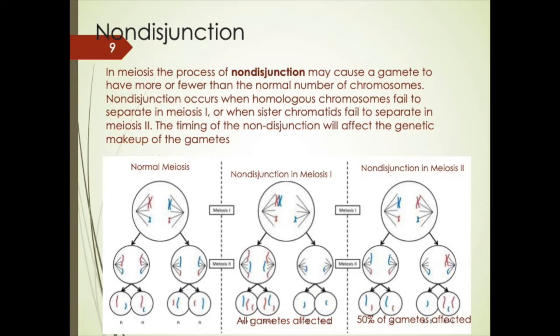So during normal meiosis, the cells split apart into normal haploid gametes. So if non-disjunction happens in meiosis 1, more DNA will be pulled to one side during the first division, and then during the second division, you'll have more DNA in half the gametes than the other half.